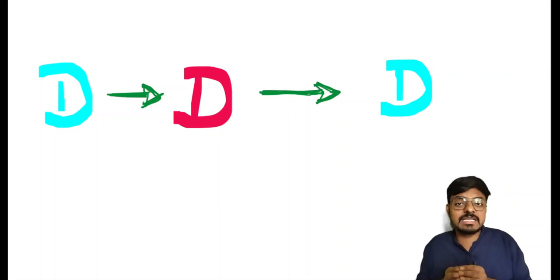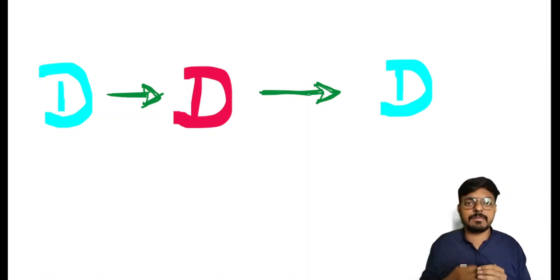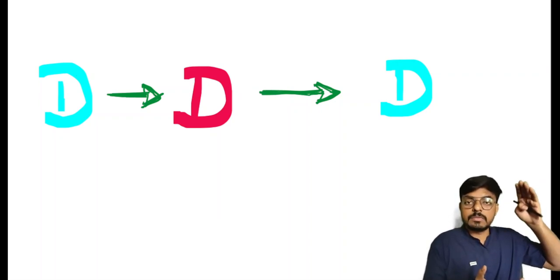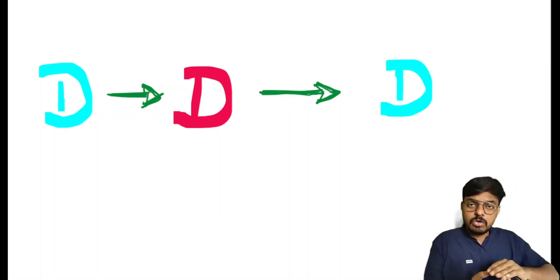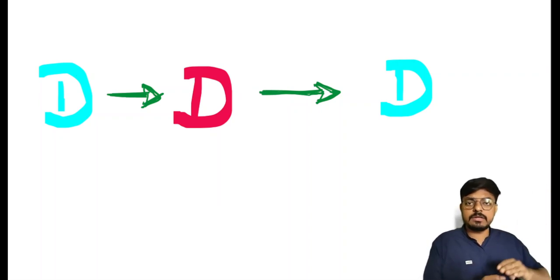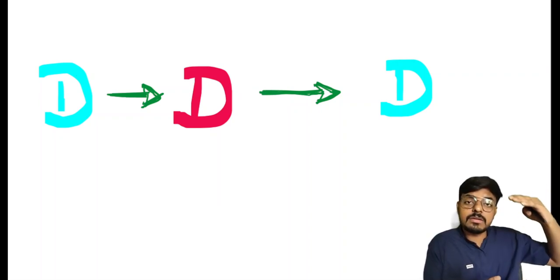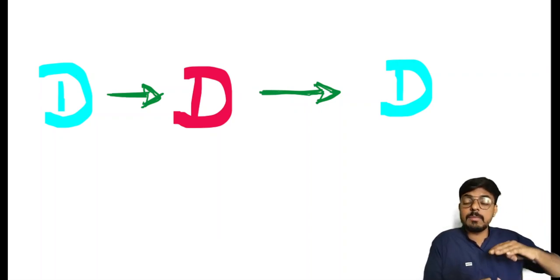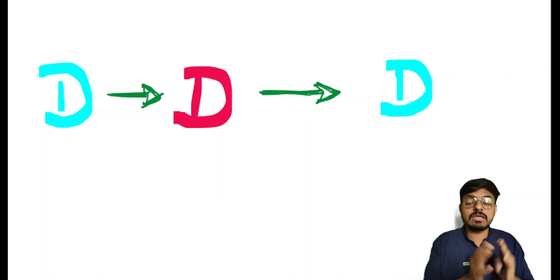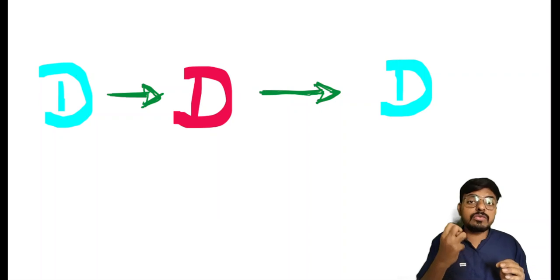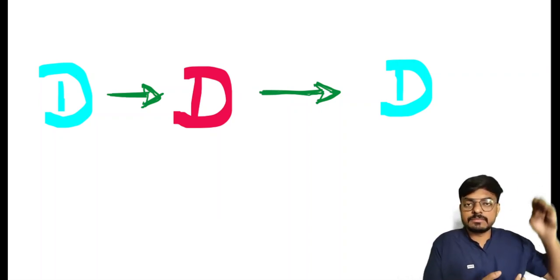The last D stands for your destiny, what you want to become. You want to become a nursing officer, a nursing superintendent, a senior nursing officer, or a tutor in a college of nursing, like in the central government. That is your destiny.